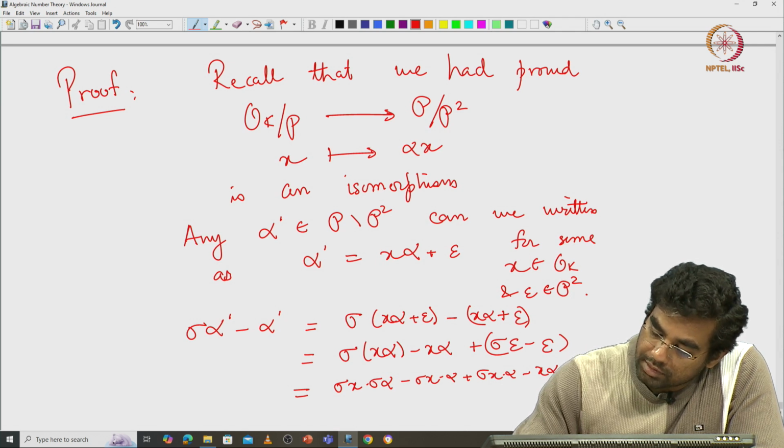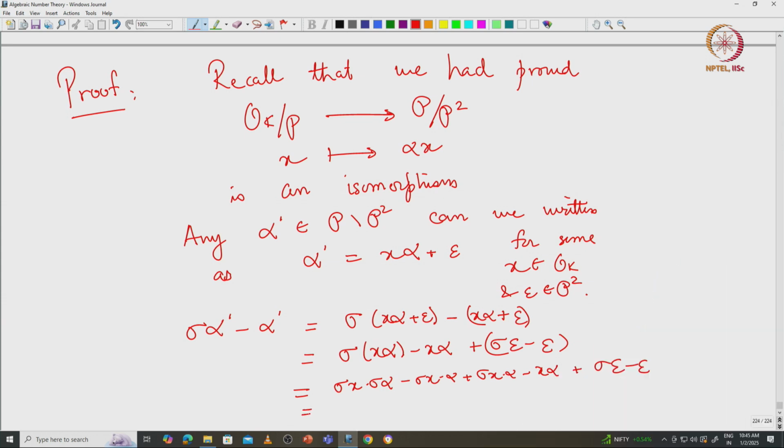Let us see if this gives me the right thing, otherwise I will change it. So, this is okay, sigma x sigma alpha minus alpha plus x, sorry, not plus, let me write it as minus alpha.